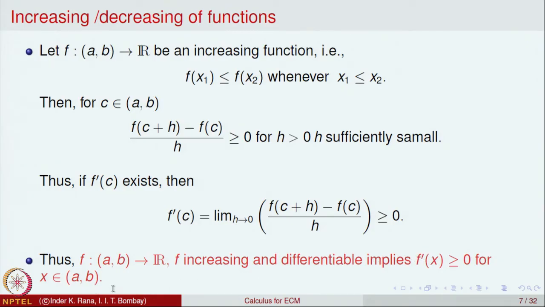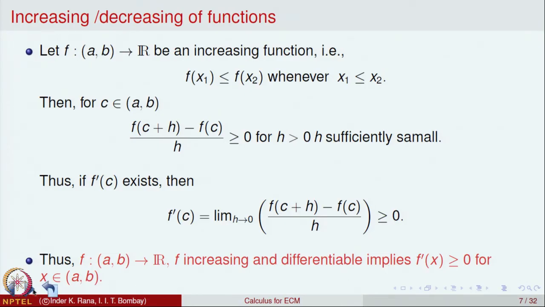So, it is a property of the function over the whole interval (a, b). So, f increasing over the whole open interval (a, b) implies the derivative is bigger than or equal to 0 at every point in (a, b).